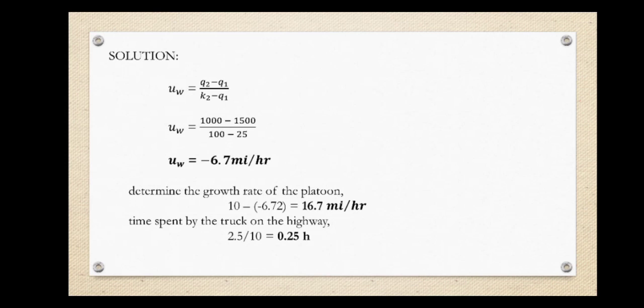First we'll use equation 6.33 to obtain the wave velocity. So we have U sub W is equal to Q sub 2 minus Q sub 1 over K sub 2 minus K sub 1.